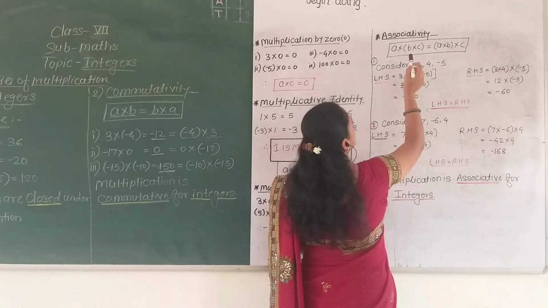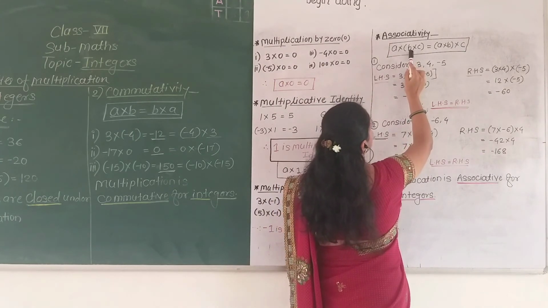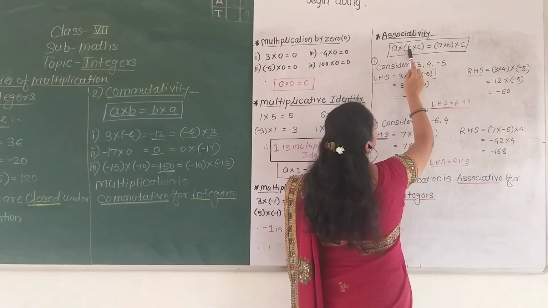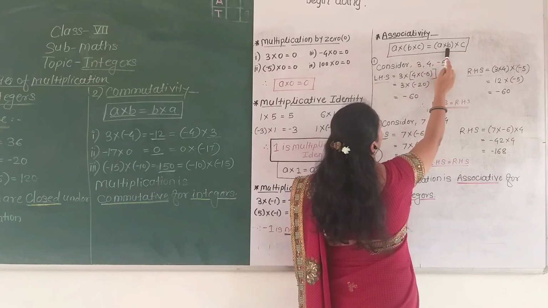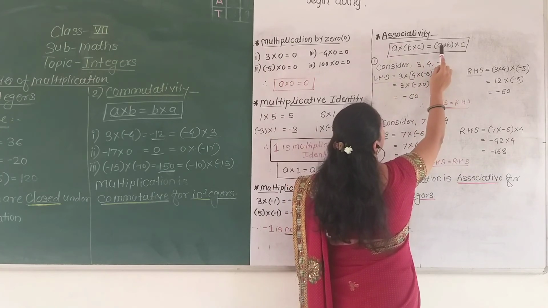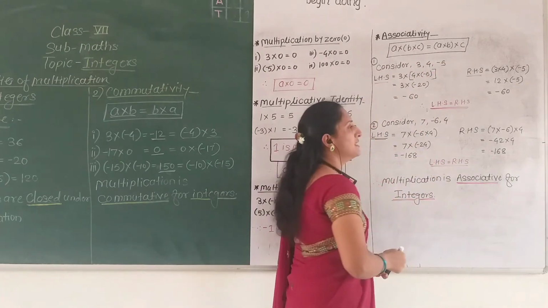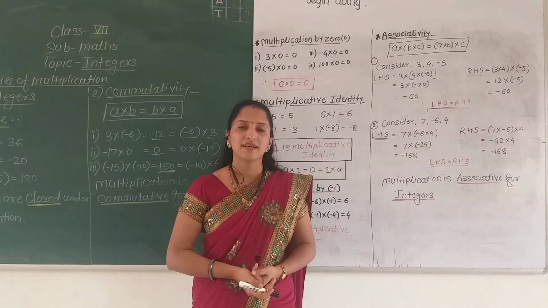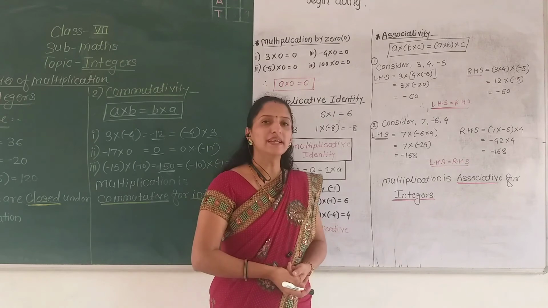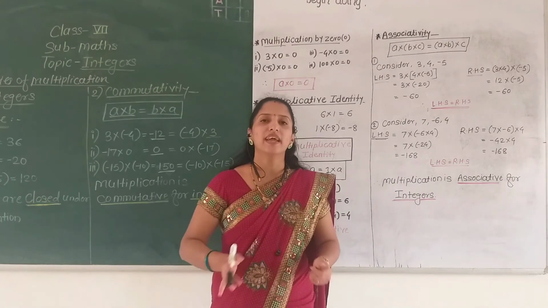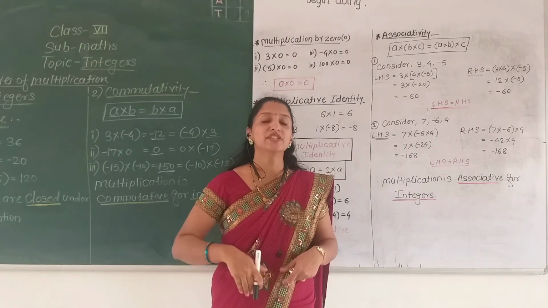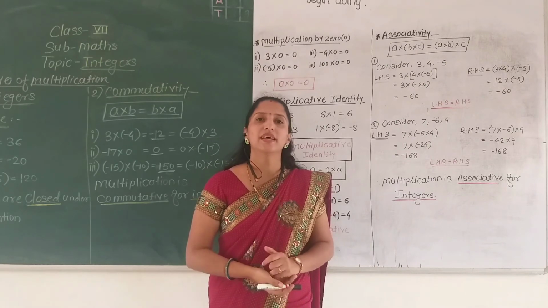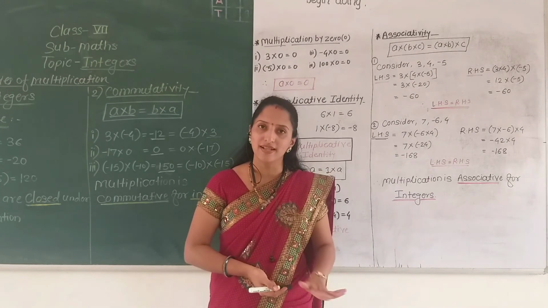Look here, in the LHS I make the group of B and C, and in the RHS I make the group of A and B. That means when we multiply three integer numbers with any group, if I change the order of the group, it does not affect the answer.